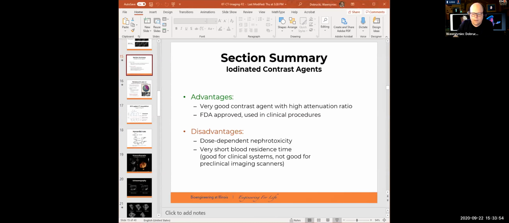So without further ado, let's start with the conclusion of the lecture. Let me just share my screen, and here we go. Last time, we finished talking about iodinated contrast agents. These are contrast agents that contain a lot of iodine, between 40 and 60% iodine content.